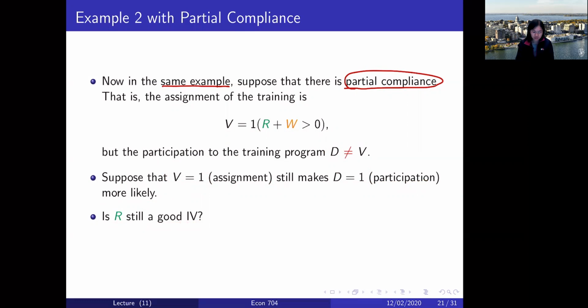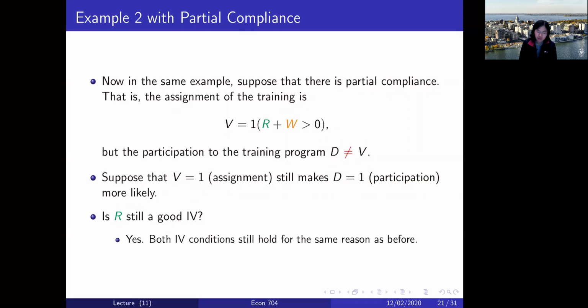Well, the answer is yes. Even with partial compliance, this computer-generated random number is still a good IV. It is still exogenous because it was generated according to something unrelated to the potential untreated outcome.